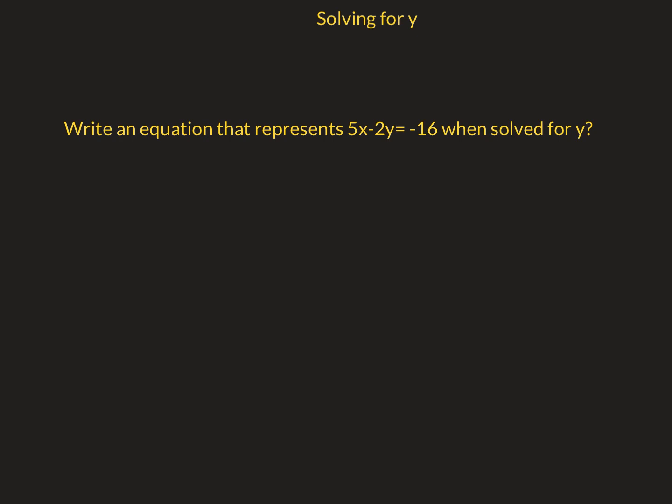For our last example, we're going to go ahead and solve for y. It's asking us to write an equation that represents 5x minus 2y equals negative 16 when solved for y. Just like we solved the other equations, I'm going to go ahead and rewrite the problem. And the very first thing is, it's asking us to solve for y. So I'm going to circle my y to remember what I need to keep on the left side.